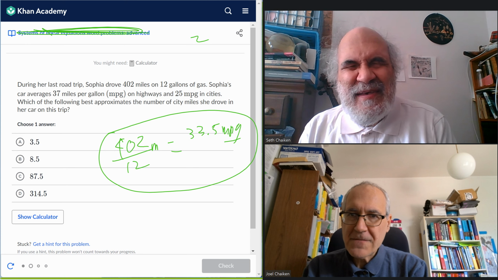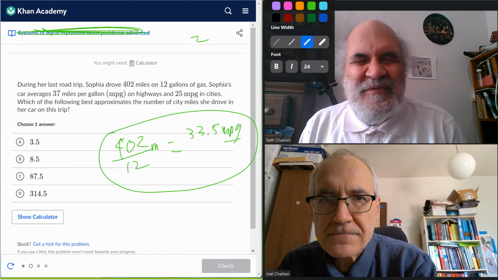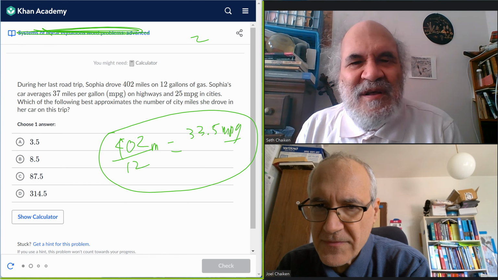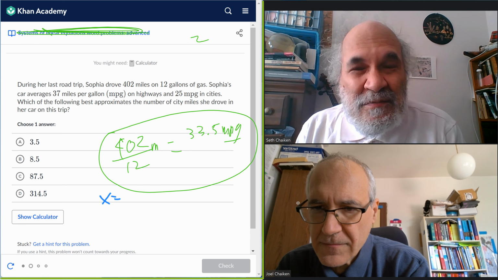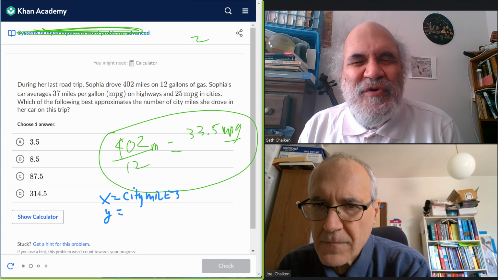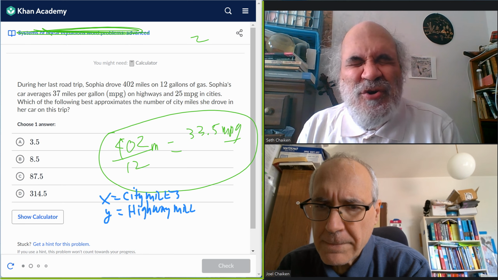There are some choices of what variables to choose. Clearly, the problem does not address the overall average miles per gallon over the whole trip.